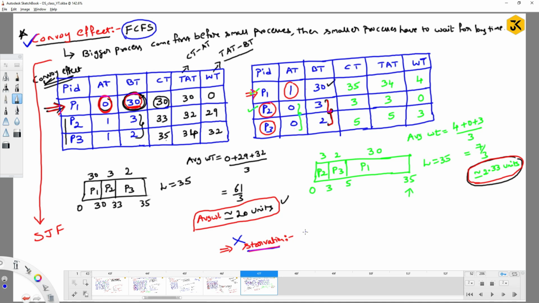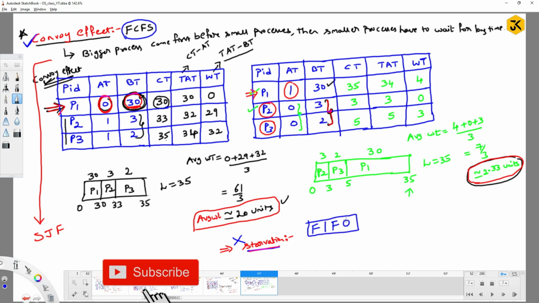When you get a higher priority job, the currently waiting job will never get executed. That is starvation. But that logic won't apply in FCFS, because FCFS means whoever comes in first comes out first. That's it. It won't consider priorities and all those things. So FCFS is free from starvation, but it suffers from the convoy effect.